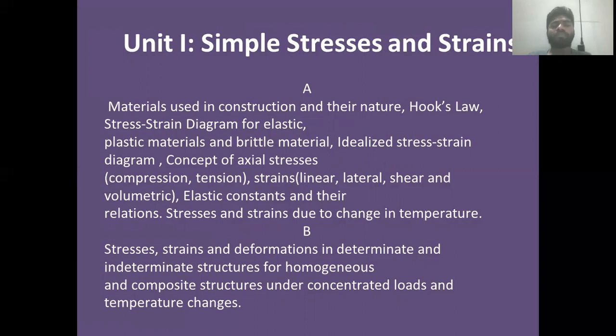Next, strains. What do you understand by strains, and what are the types of strains? Linear, lateral, shear, volumetric, these are the types of strains. Change in dimension per unit original dimension is known as strain.